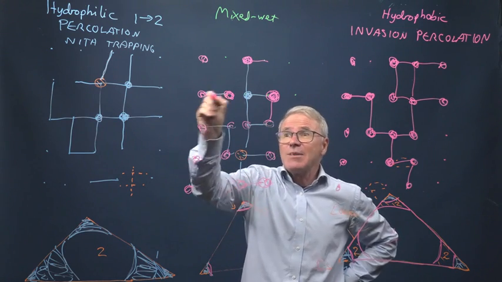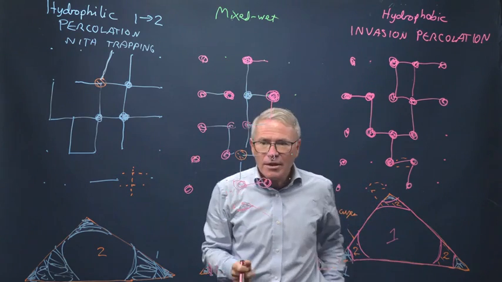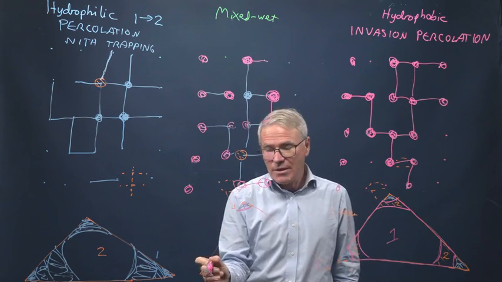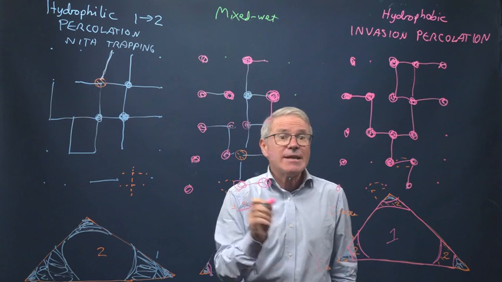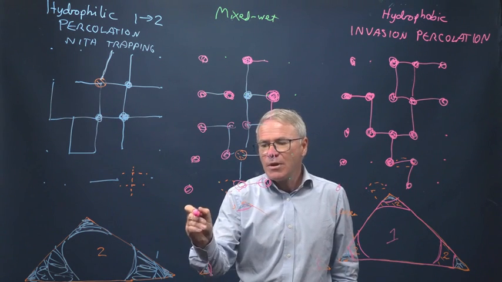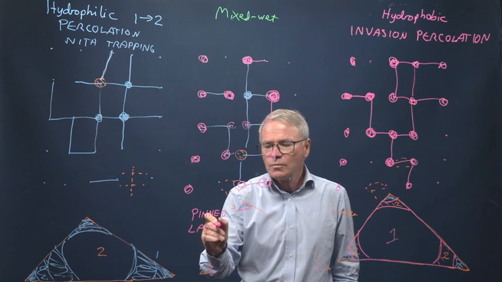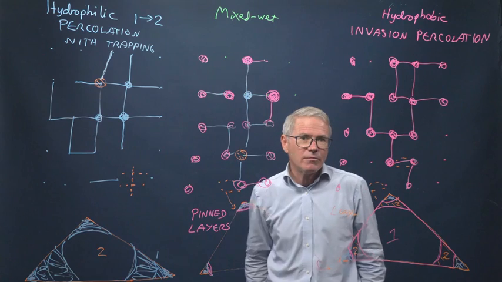But look, we're not really going anywhere because it's blocked, trapped. Okay, we're stuck. So we have to go through these layers here, but these layers are pinned. So their conductance is tiny. So you have these pinned layers, and that basically limits the flow.